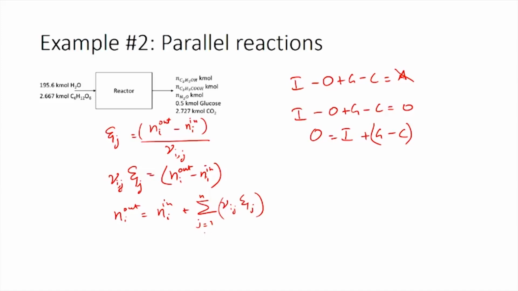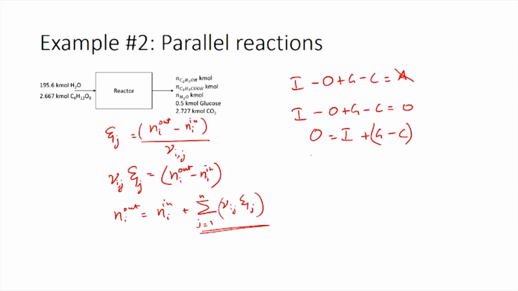So, that can be represented as sigma of nu ij times the extent of reaction for reaction J. And when we do this, what we have is accounting for the number of moles of each component being consumed or generated in each of the reactions which is taking place, and by finding a summation of all that, we get the total change in the number of moles for a particular component in the process.